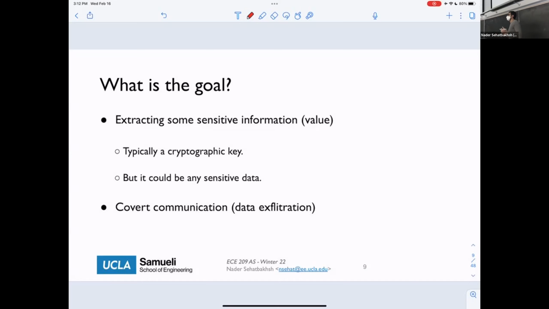Similar to a covert channel between two processes in a digital side channel attack, the same story happens here. We use some physical side channel in order to extract information. But as I said, the major difference is that this also applies to air gapped computers. So data exfiltration can be used for extracting information from even an air gapped environment, which makes it very interesting for adversaries in this scenario.